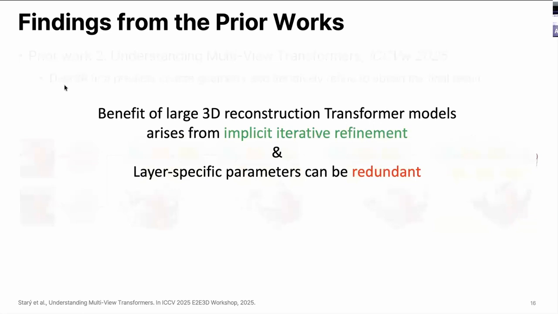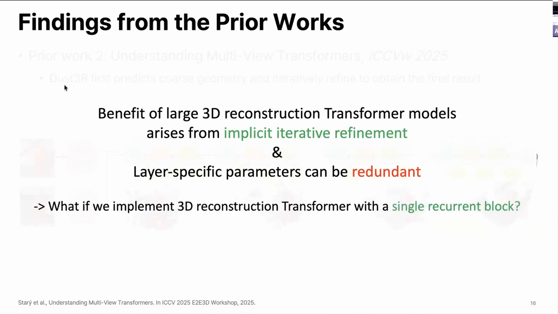Together, these prior works suggest that the benefit of large 3D reconstruction transformer models arises from implicit iterative refinement, and layer-specific parameters can be redundant. Motivated by these findings, Déjà asks a question: what if we implement a 3D reconstruction transformer with a single recurrent block? And this is the transition from implicit iteration inside the deep model to explicit recurrence in the architecture.